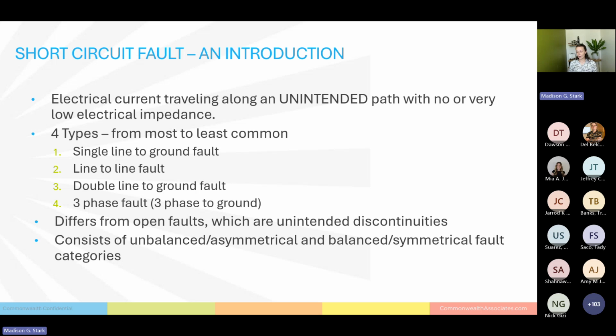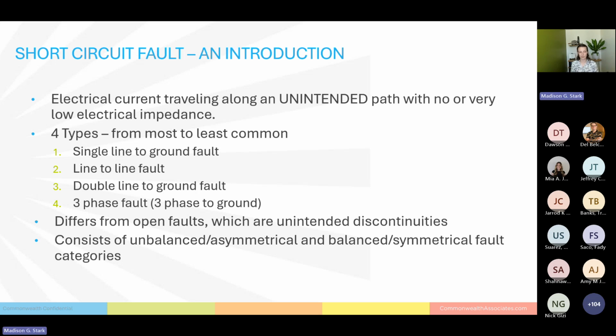At its core, a short circuit fault is when you have an electrical current from your circuit that travels along an unintended path to ground with no or very low electrical impedance compared to the system as a whole.